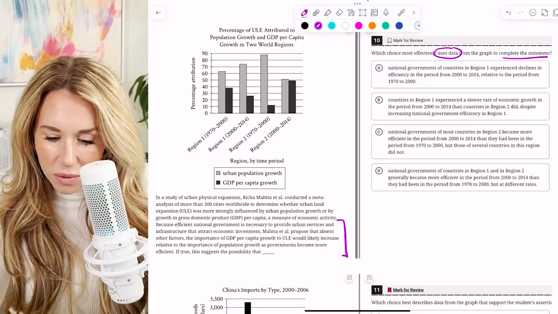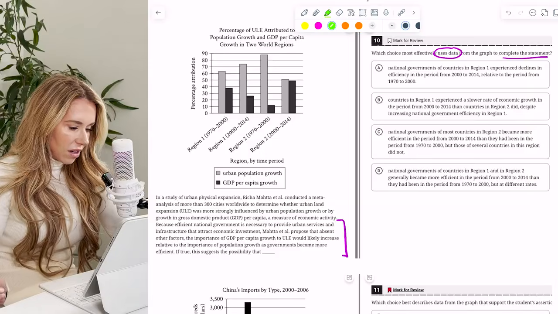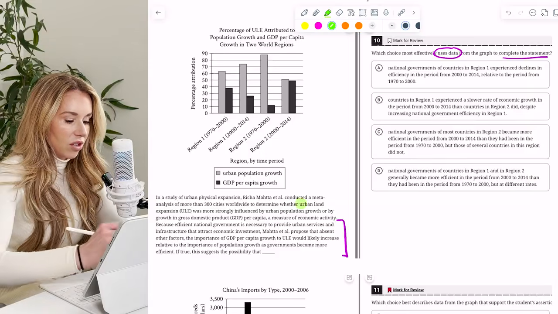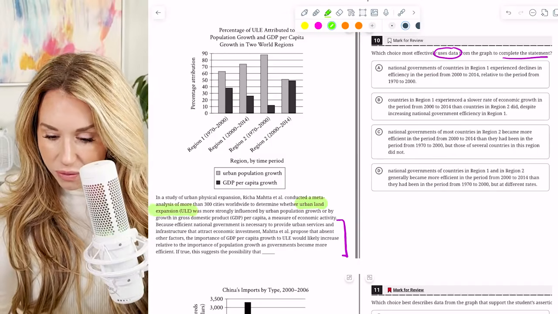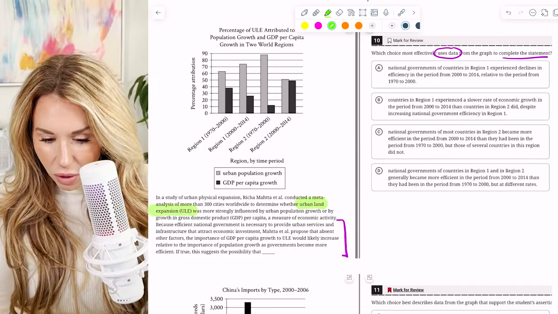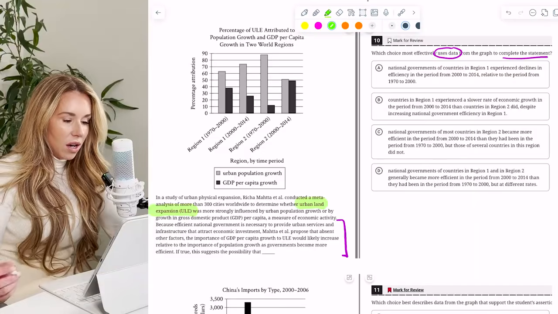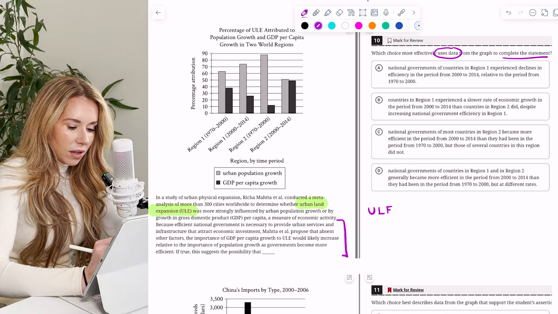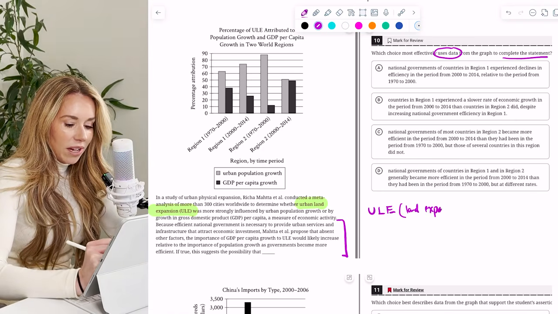We have in a study of urban physical expansion, these researchers conducted a meta-analysis of more than 300 cities worldwide to determine whether urban land expansion, or ULE, was more strongly influenced by urban population growth or by growth in gross domestic product per capita. Okay, so what is urban land expansion?